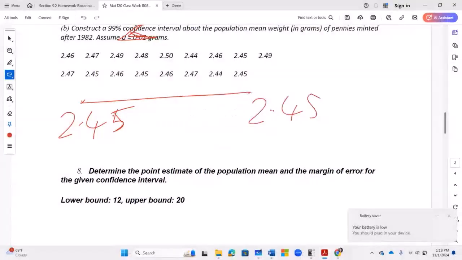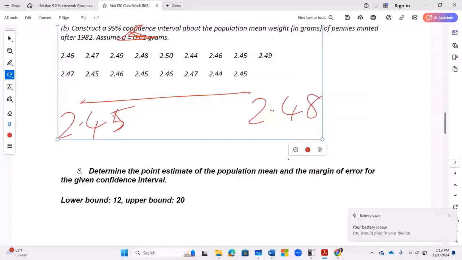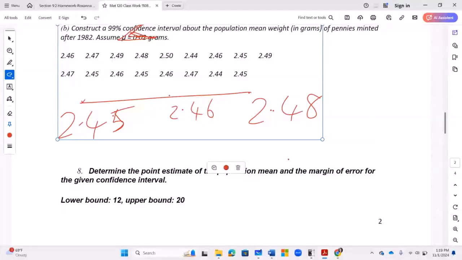The sample mean, or point estimate, is not given to me, but I can find it. The point estimate is 2.46. So I can find the margin of error: 2.48 minus 2.46.